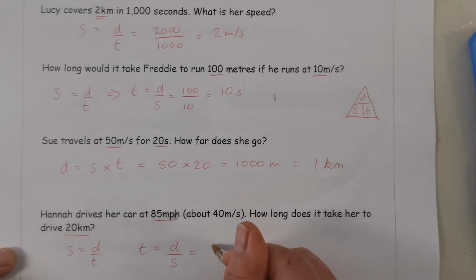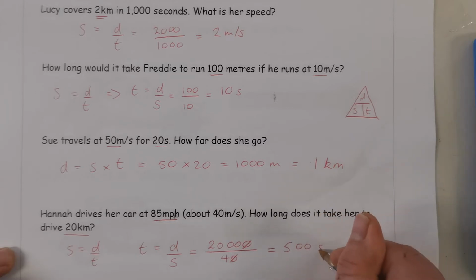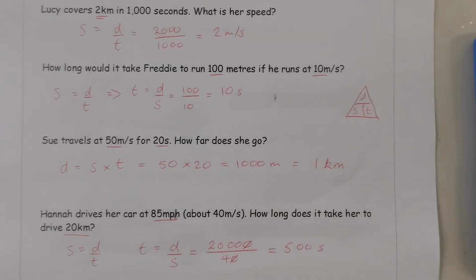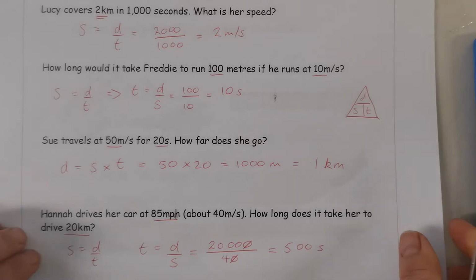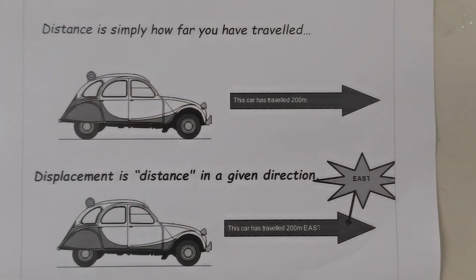The distance was 20 kilometers, 20,000 meters, divided by 40 meters per second, which is 2 zeros on the 20 divided by 4, which is 500 seconds. Hopefully all reasonably straightforward. Let's turn on to this next page, this nice slide.